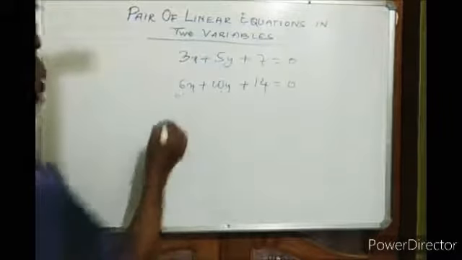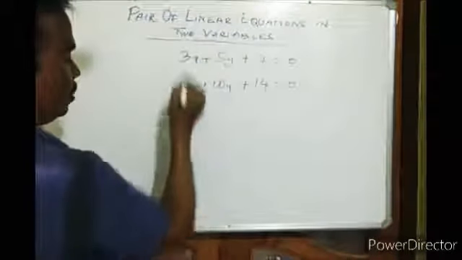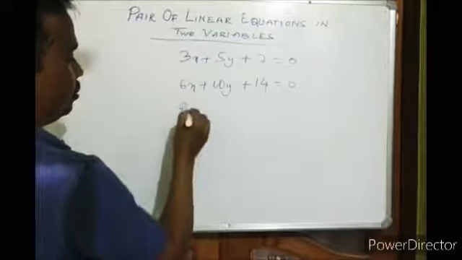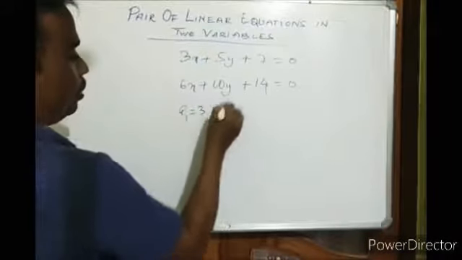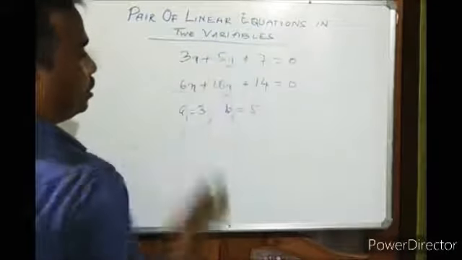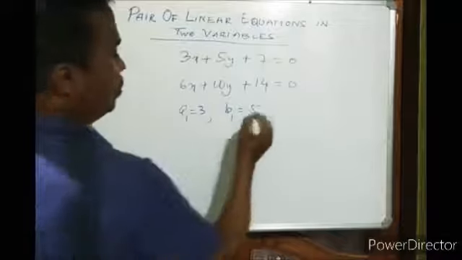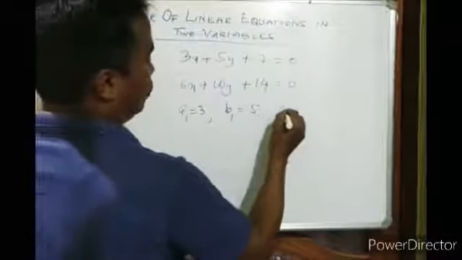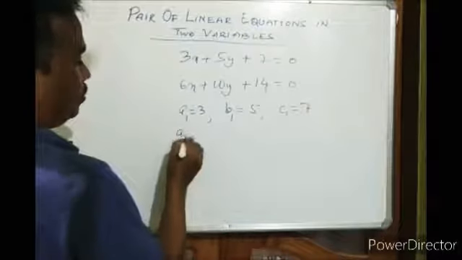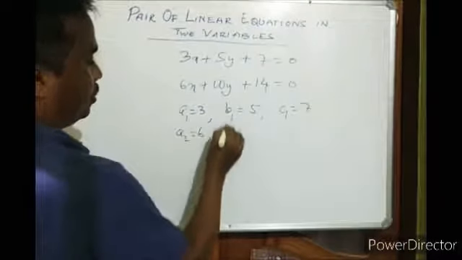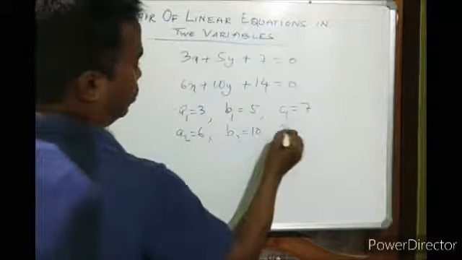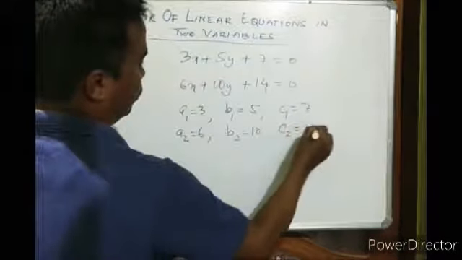Here A1 is the coefficient of x in the first equation, that is 3, B1 is equal to 5, C1 is equal to 7, A2 is equal to 6, B2 is equal to 10, and finally C2 is equal to 14.